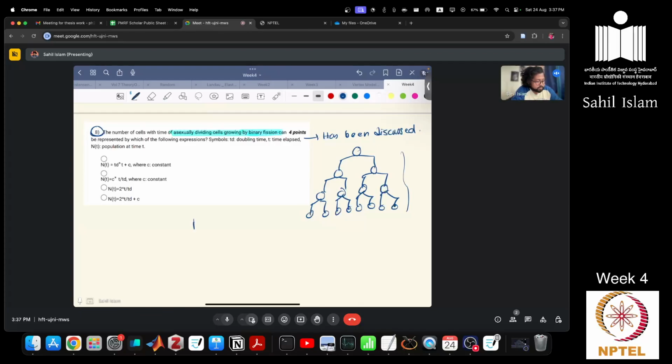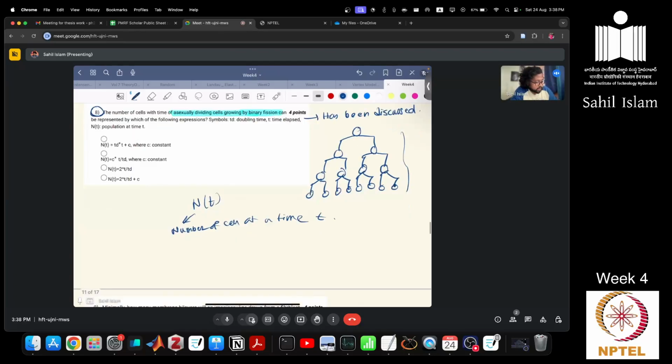If n is the number of cells at a time t, and n0 equals n at t equals 0, the number of cells at time t equals 0.